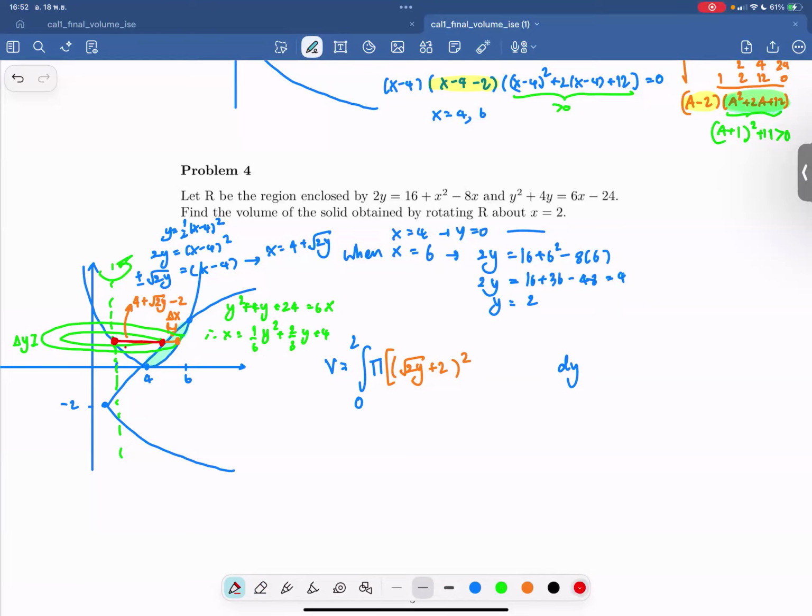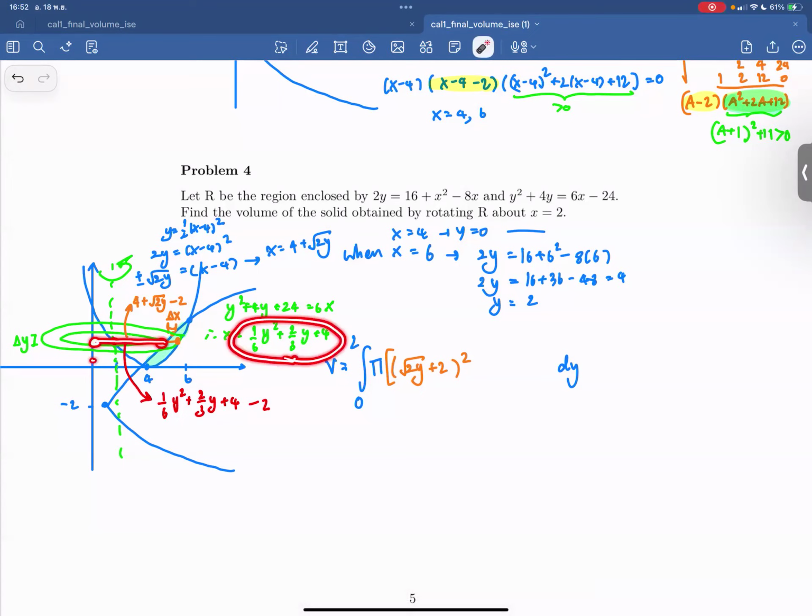So the red segment should be 1 over 6 y squared plus 2 over 3 y plus 4, and then minus 2, because we have to subtract the distance between the y-axis and the axis of rotation.